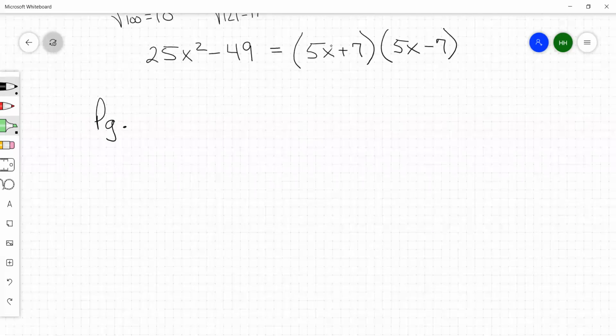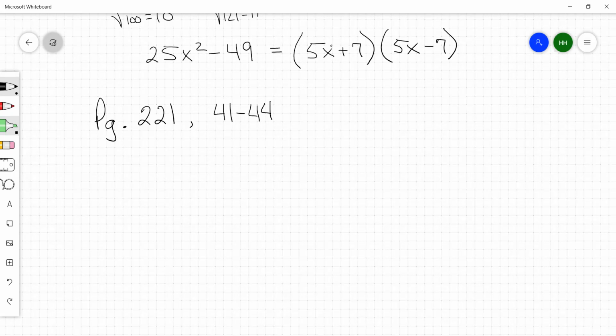But on page 221, I'm going to assign 41 through 44 again. If you feel like you were really struggling yesterday with that factoring, then I want you to do those 4 problems again. The only way that you can ever get better at factoring trinomials is to keep factoring trinomials.